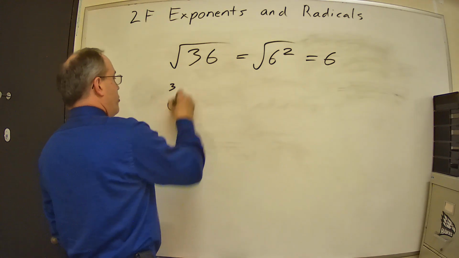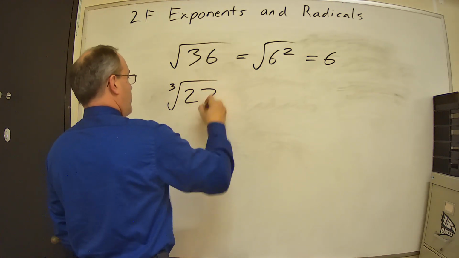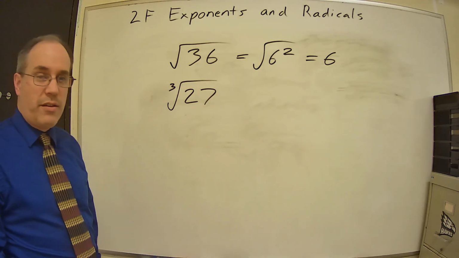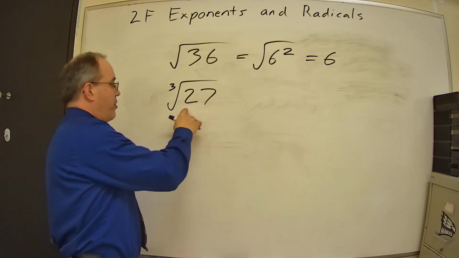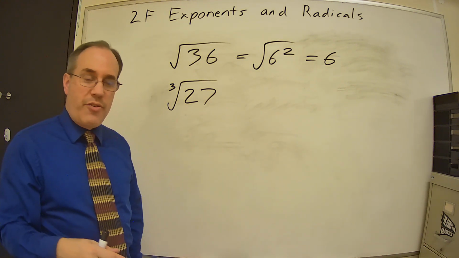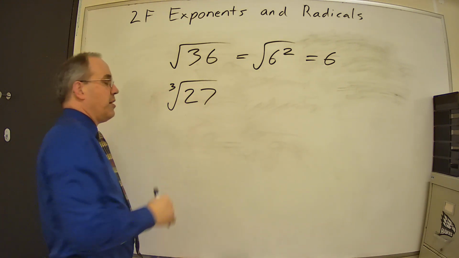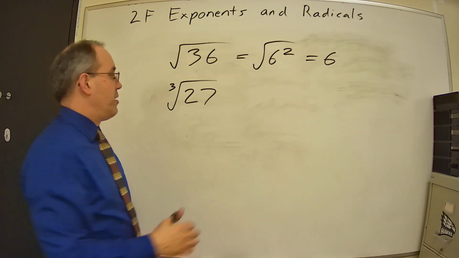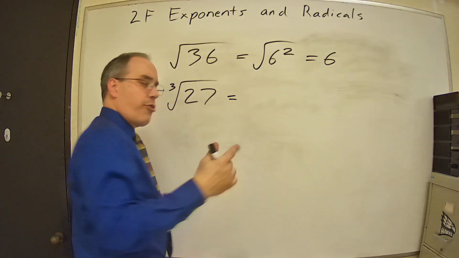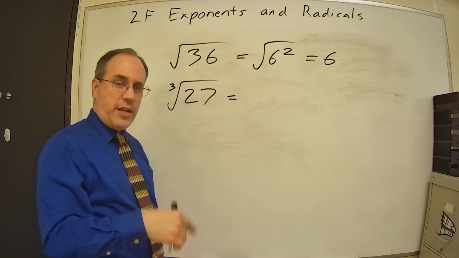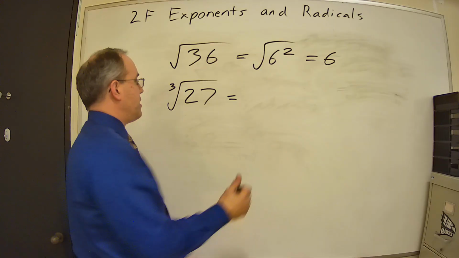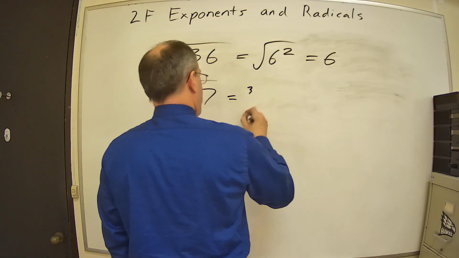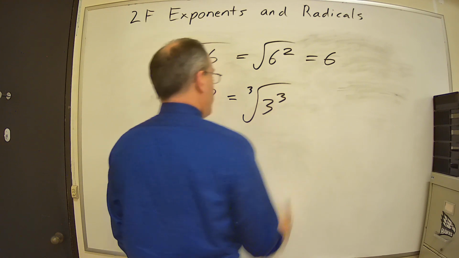What about the cubed root of 27? Well, I'm saying what number, if I take 3 of them and multiply together, will give me 27. 3 times 3 times 3, 3 times 3 is 9, times 3 is 27, so that would be 3 cubed.